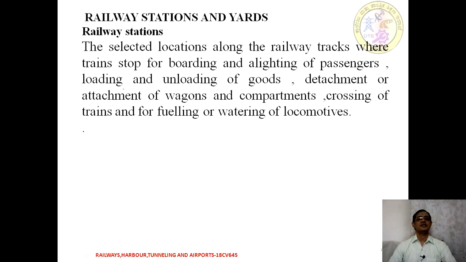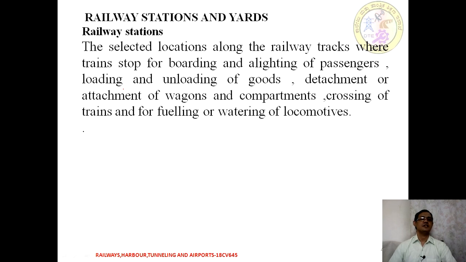Moving on to the next concept, it is called a railway station and a yard. We have always been using the word station, so we already know the meaning of a station, but how do we define the railway station?